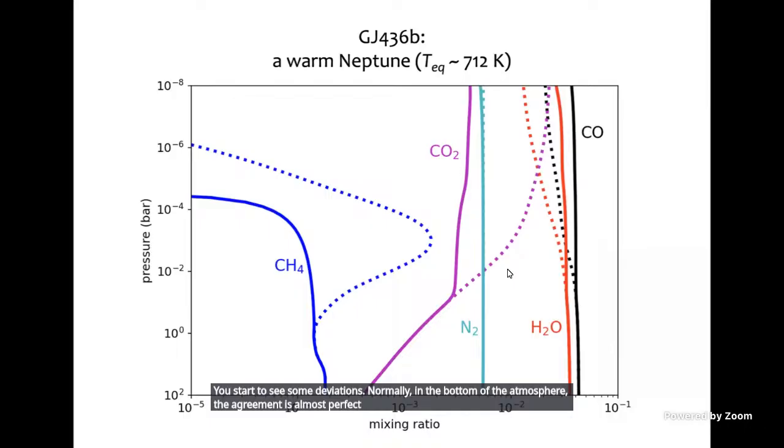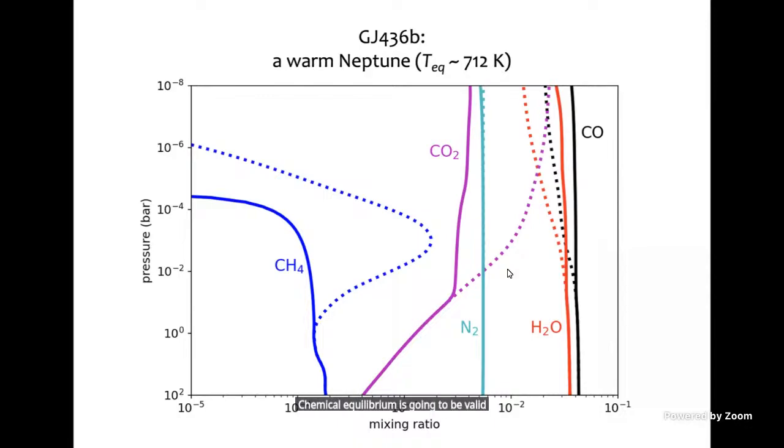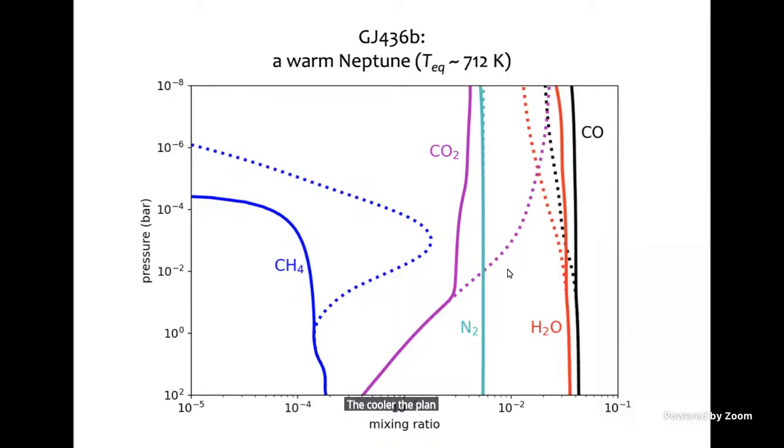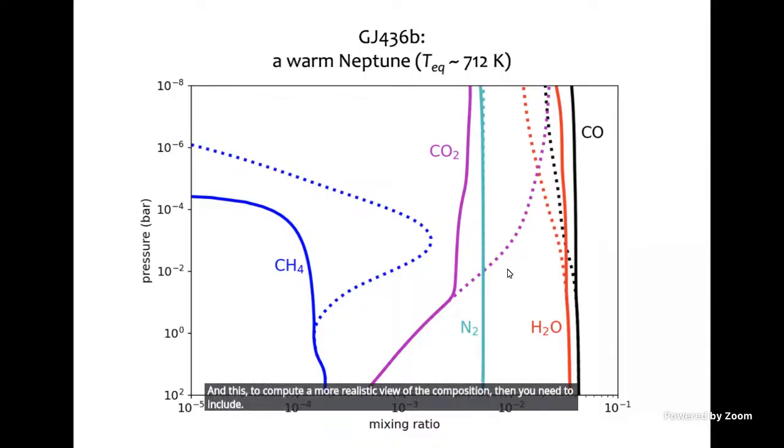So the conclusion is that in the bottom of atmospheres in general, chemical equilibrium is going to be valid. And when you start to go up, there may start to be deviations, and that depends a lot on the planet. Normally, the cooler the planet, the greater the deviations. To compute a more realistic view of the composition, you need to include these disequilibrium processes.